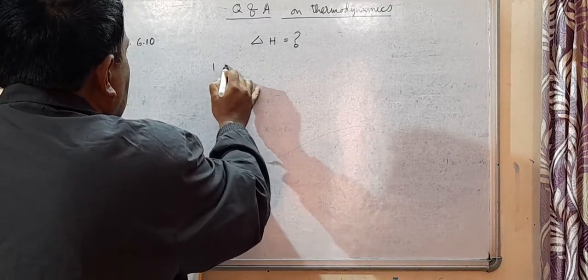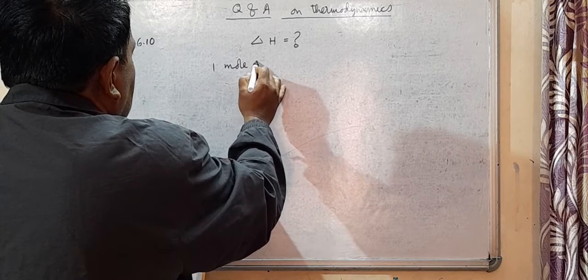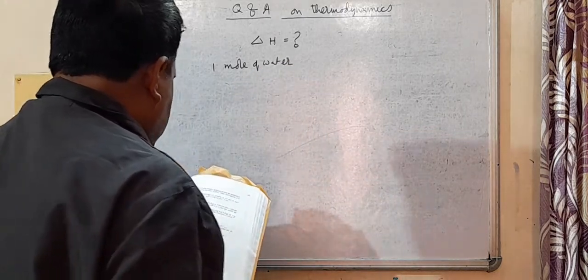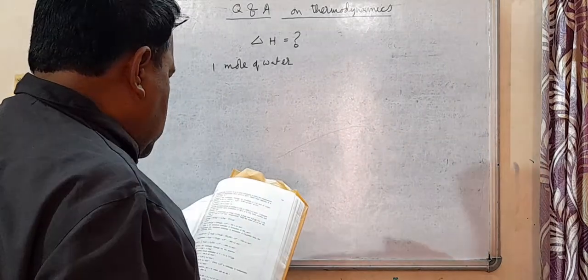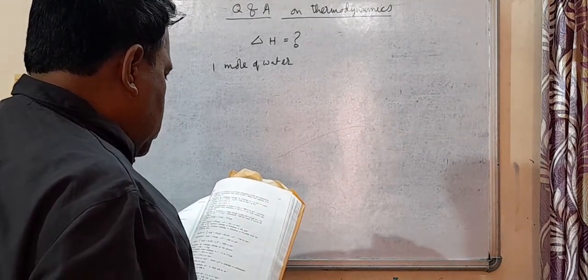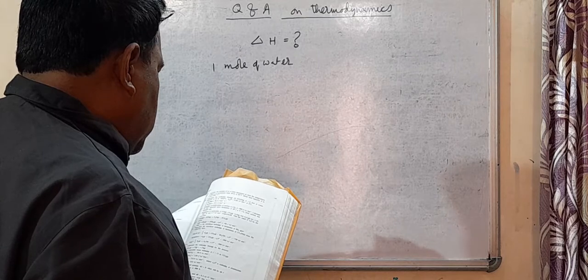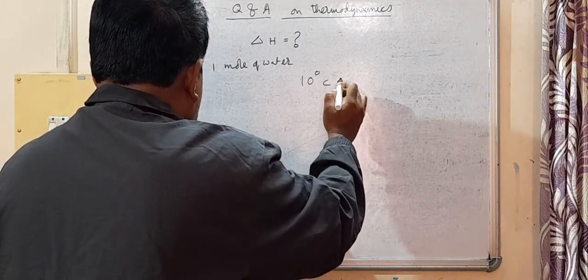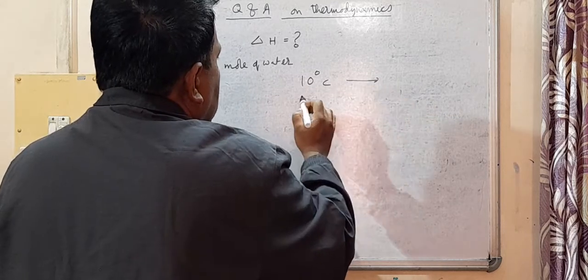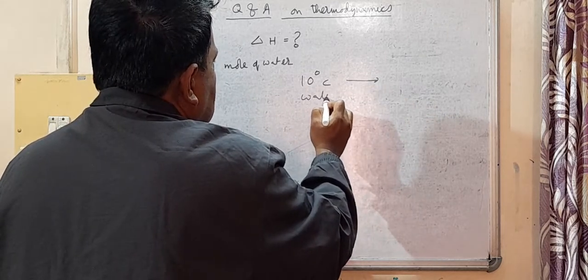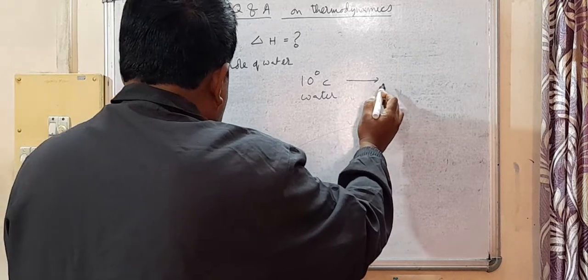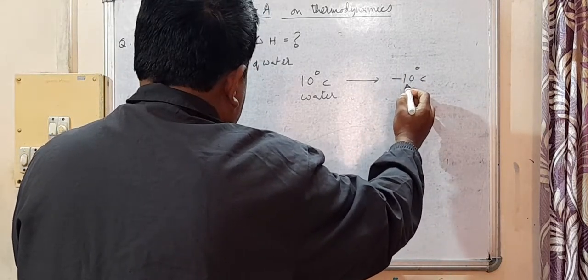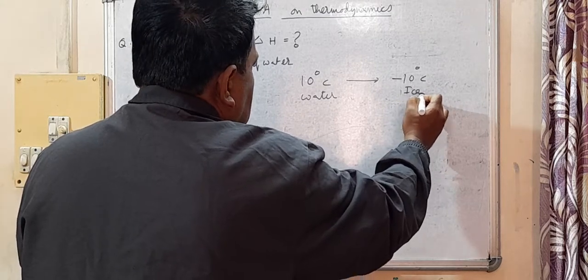So we have 1 mole of water, and we have to change its temperature from 10 degrees Celsius to minus 10 degrees Celsius. So naturally it is ice.